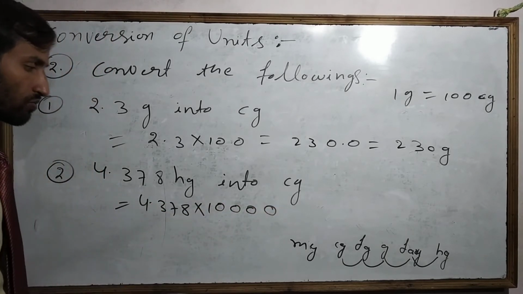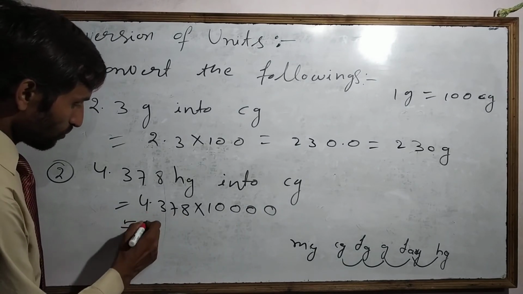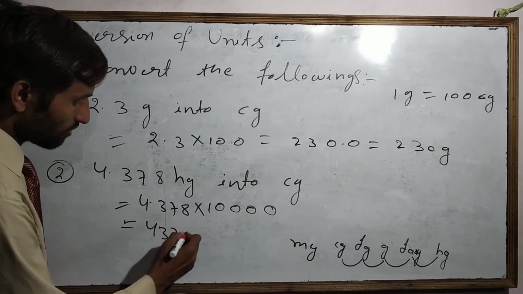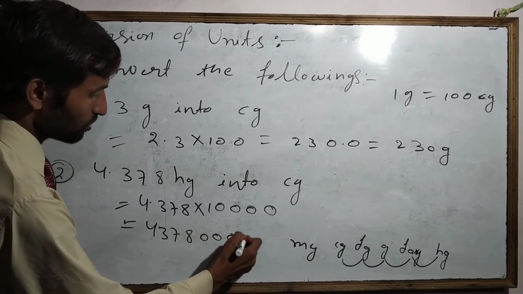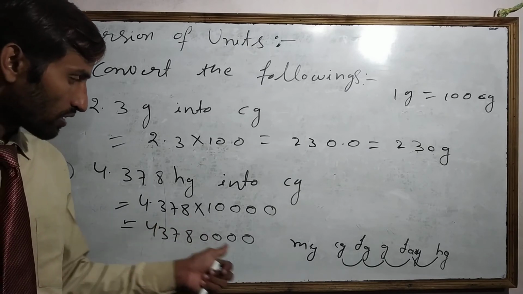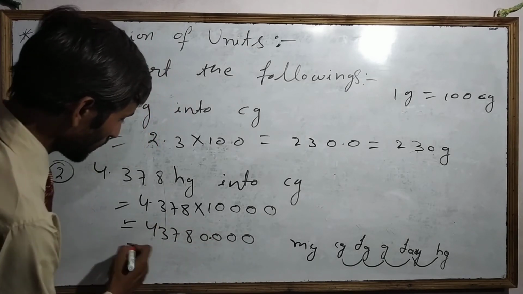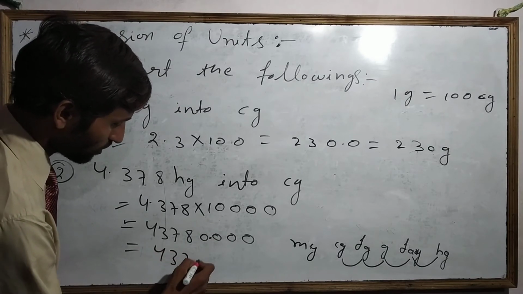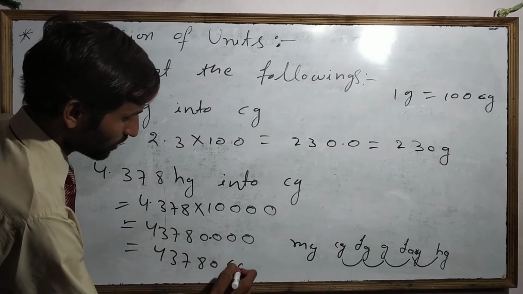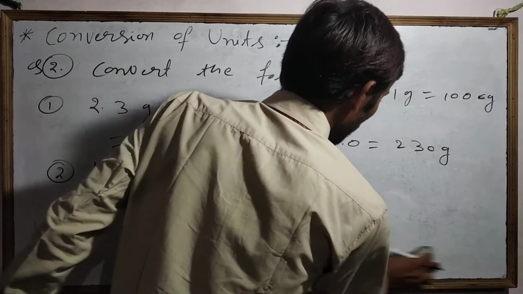Then 4 zeros are there, so we have to put here 4 zeros. 43780000. Then you have to put the point, after 3 digits the point will come, 1, 2, 3. Then the point will come here. So final answer is 43780 centigram.